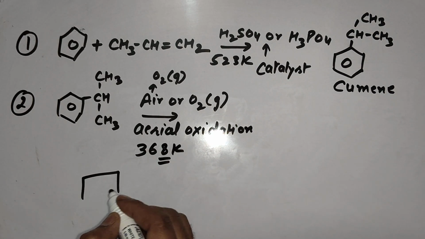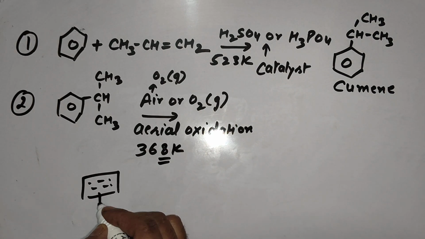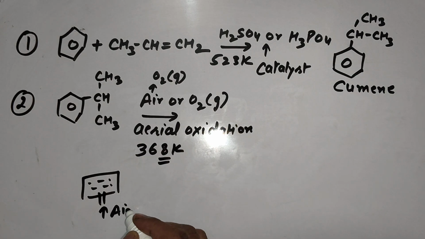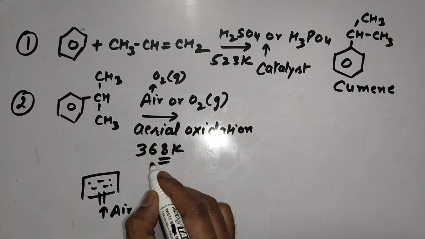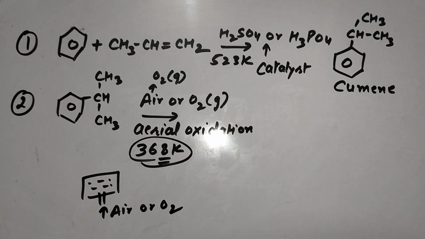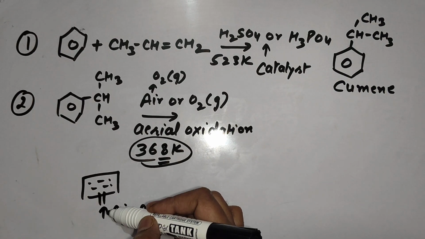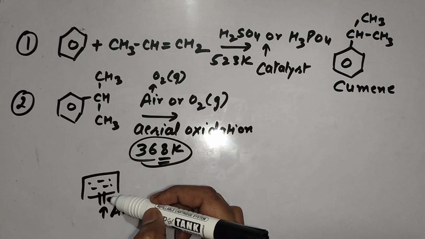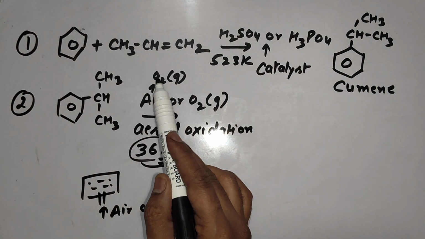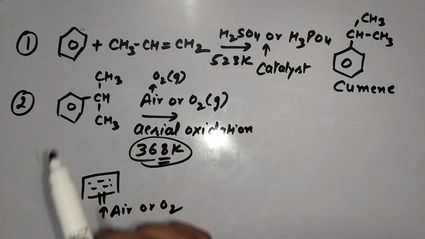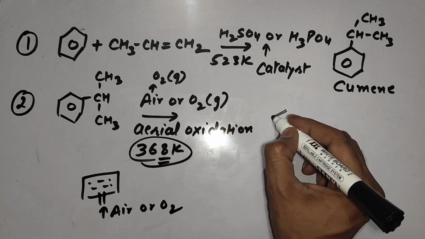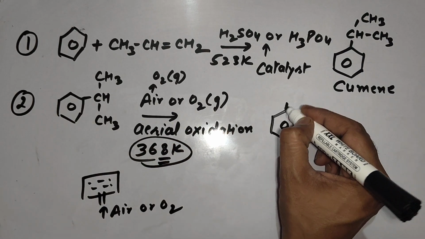Suppose this is liquid cumene, we are passing air or oxygen directly at this temperature. We call it bubbling of air or oxygen through cumene, due to which the oxygen will react with this compound and we will get our second compound of this process.